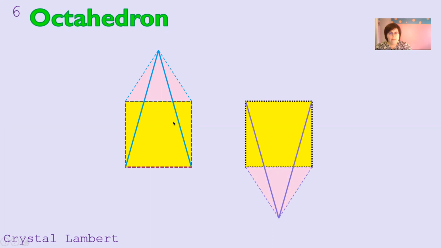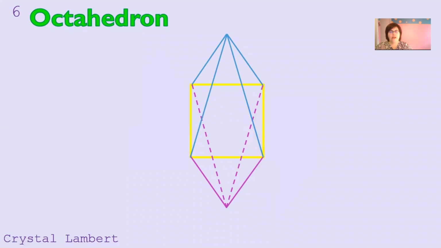What we call the base is shared, but it's not a face because it's on the inside, an internal spot, so we're not going to count that as a face. There are 4 faces on top and 4 faces on the bottom. When we put them together, this is what we're looking at.